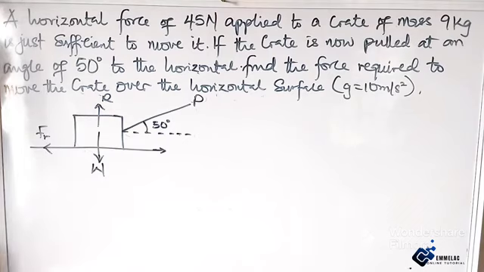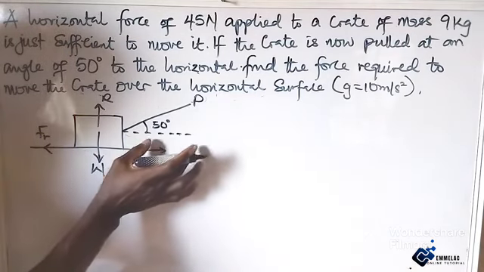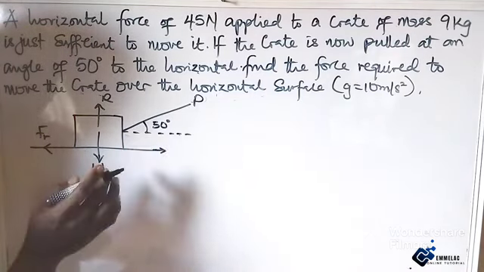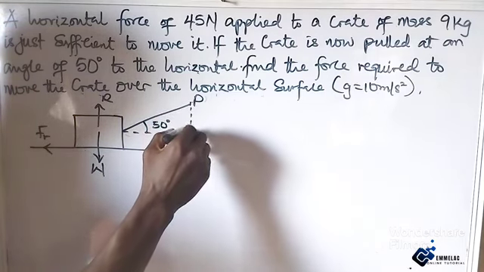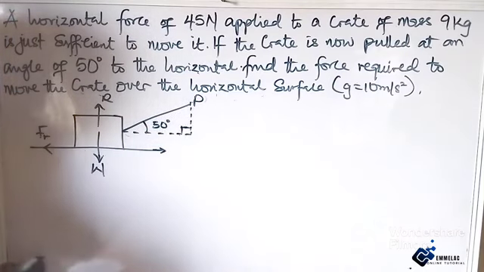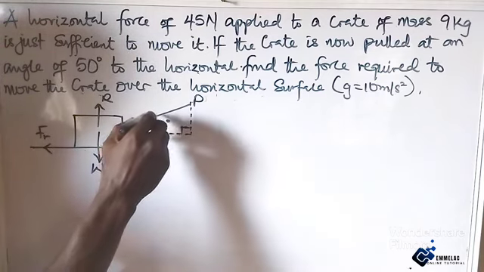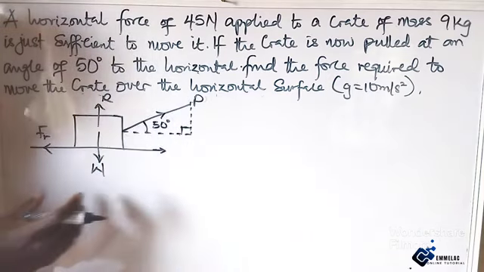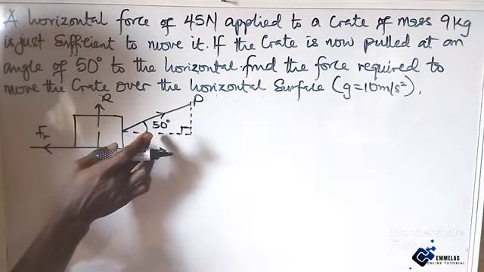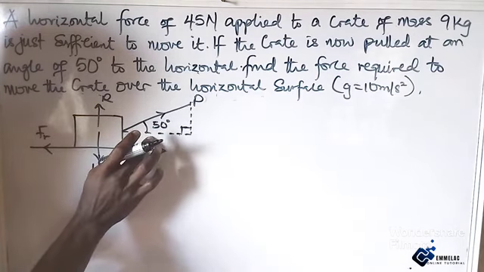All right, now with this, we get to resolve the upward force and the downward force. Resolving this triangle here, now this is a triangle. Now this is the magnitude of the force. What we need to do now is to resolve this force in both the vertical and the horizontal.